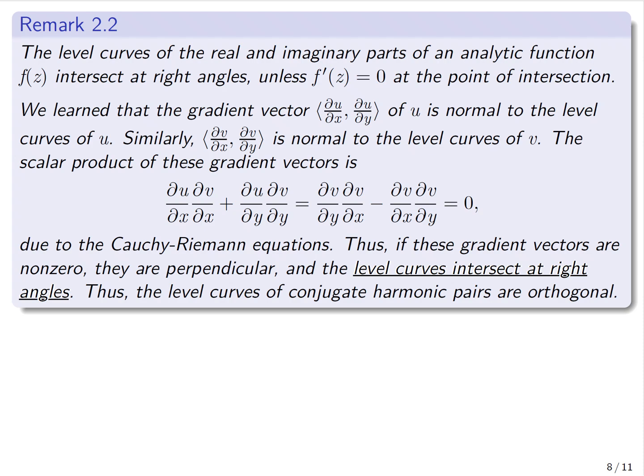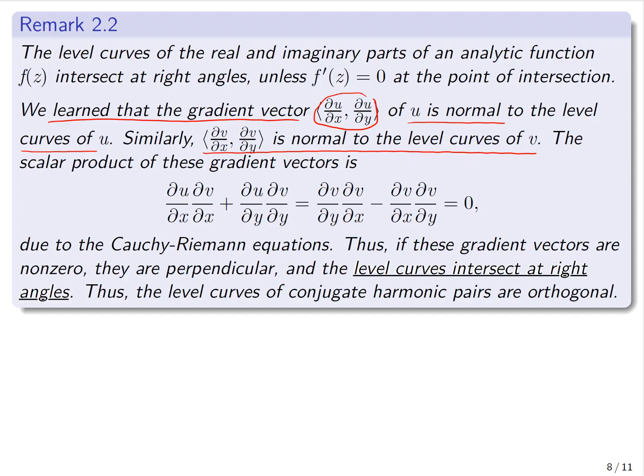We learn in calculus that the gradient vector, which is defined with components as the partial derivatives of the function u, is normal to the level curves of u. Similarly, the gradient vector defined by the partial derivatives of v is normal to the level curves of v.